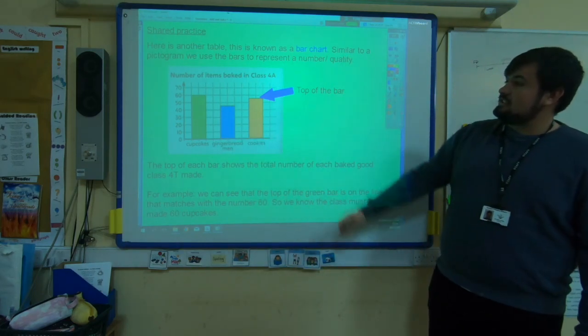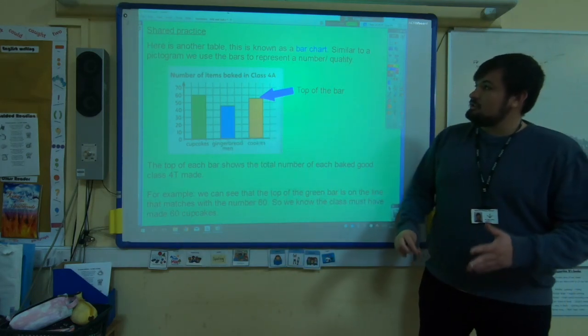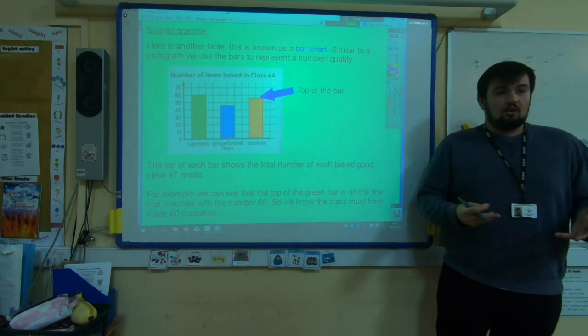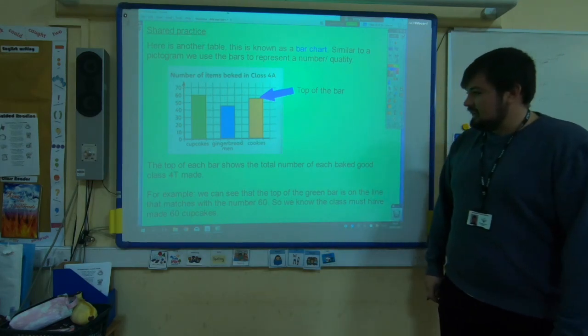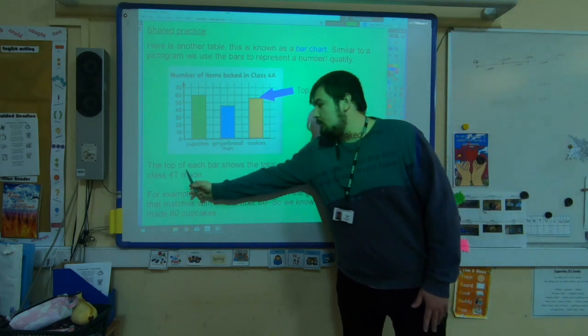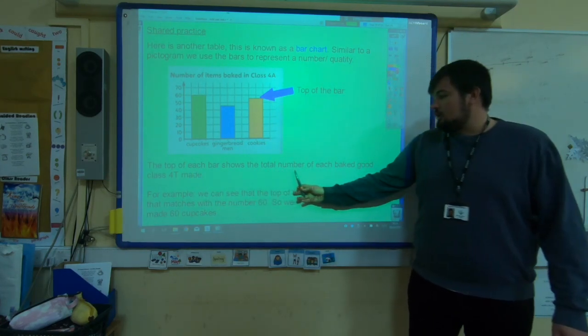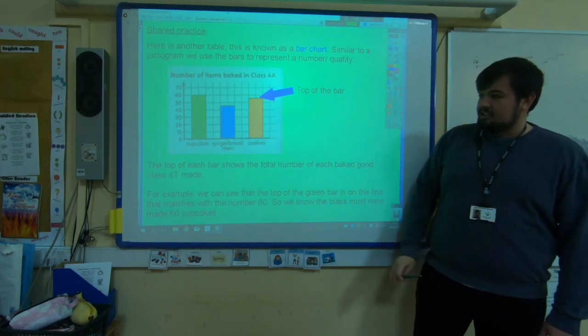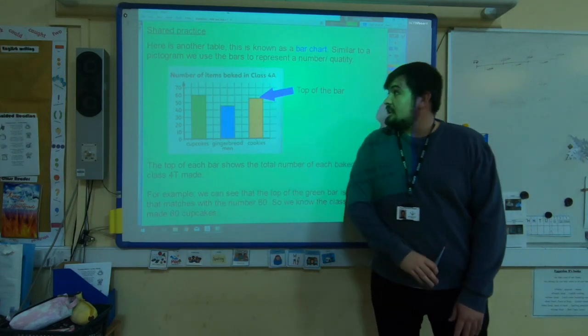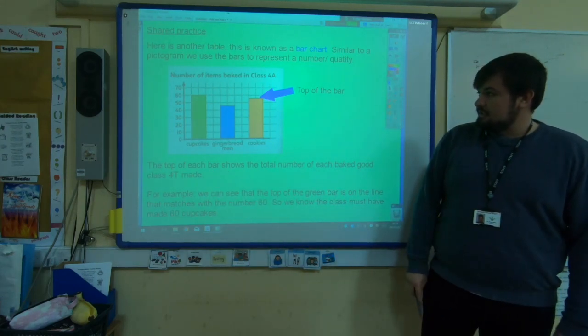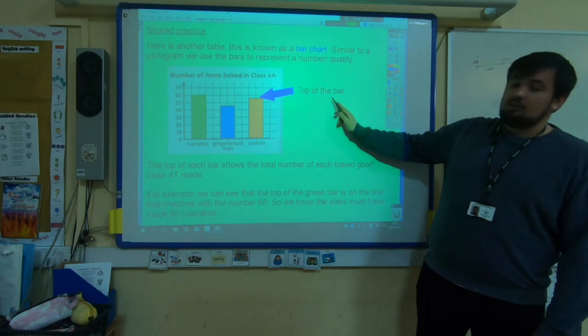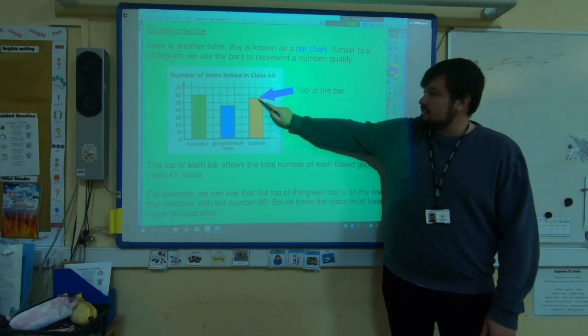And similar to a pictogram, we use the bars to represent a number or a quantity. It says here, the top of each bar shows the total number of each baked goods class 40 made. I've given you a clue here. The top of my bar is up there.